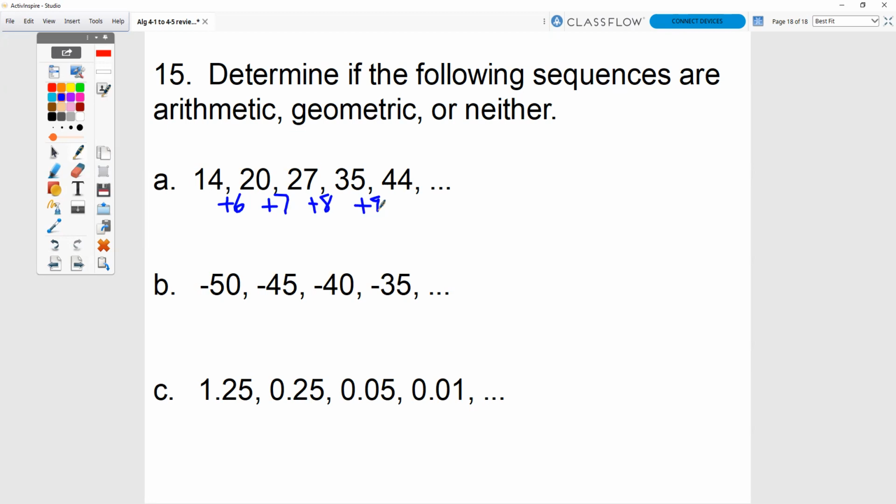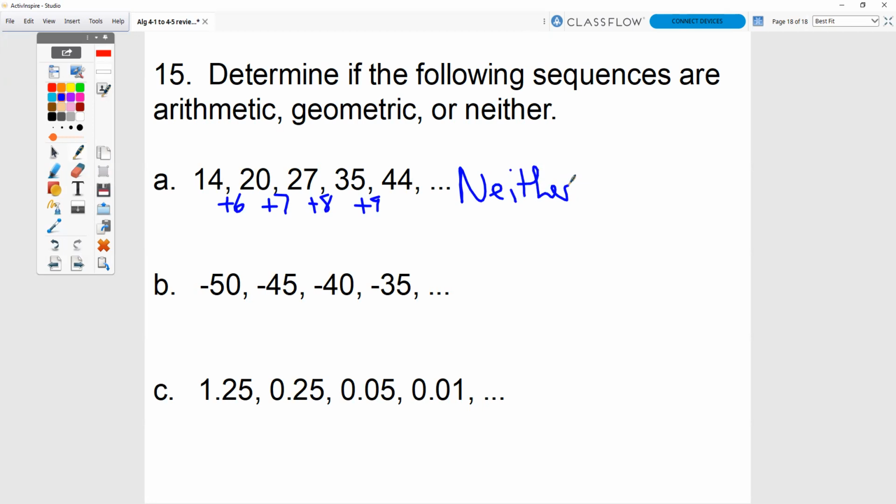You have to try dividing each time, going backwards: 44 divided by 35, 35 divided by 27, 27 divided by 20, 20 divided by 14. They're not the same either. So what you're doing here is really adding by 6, adding by 7, adding by 8, adding by 9. This is your neither pattern.